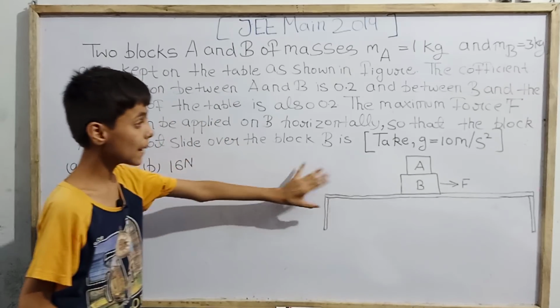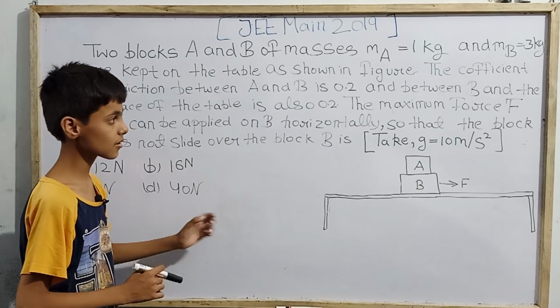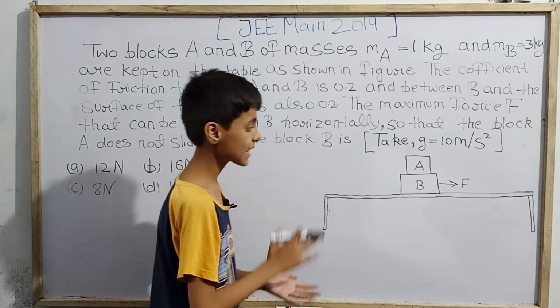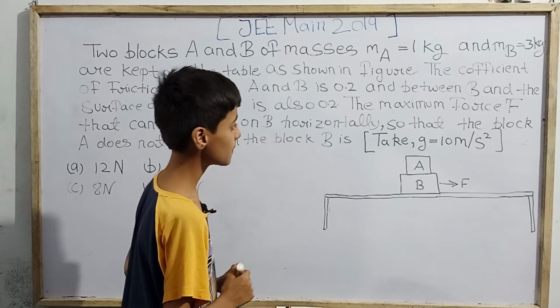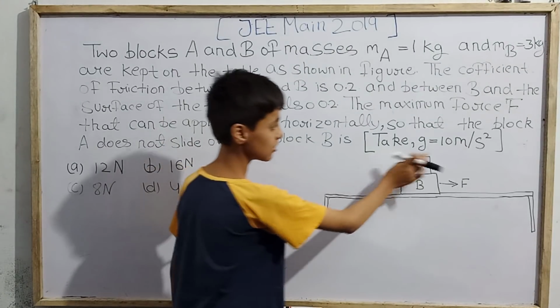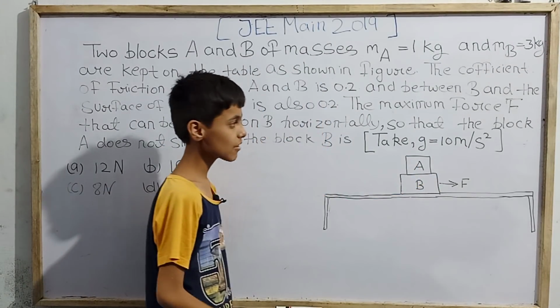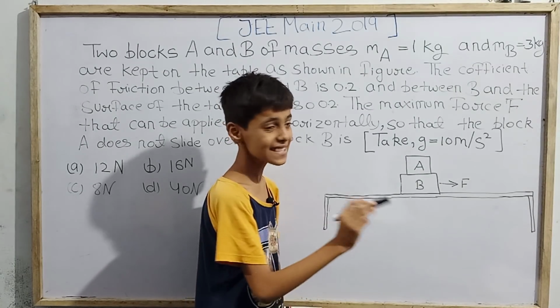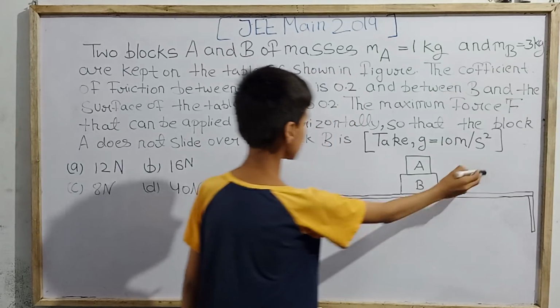What is the magnitude of that maximum external force? Take G equals 10 meters per second square, acceleration due to gravity.